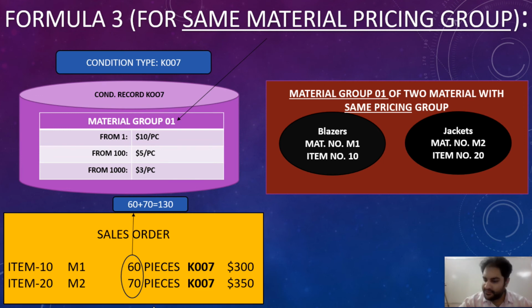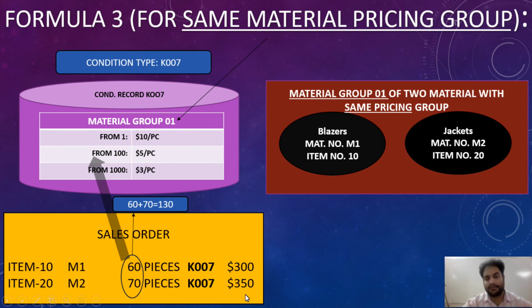Now as we are talking about the group conditions, the total order quantity would be considered, that is 60 plus 70 is equals to 130, and therefore these 60 pieces would be charged according to the second row, that is from 100 till 999, that is $5 per piece. 60 into $5, $300. These 70 pieces would be charged also according to this only, because total order quantity is 130, so we will see from 100 to 999, that is 70 into $5, that is $350. So the total bill for the customer would be $650.